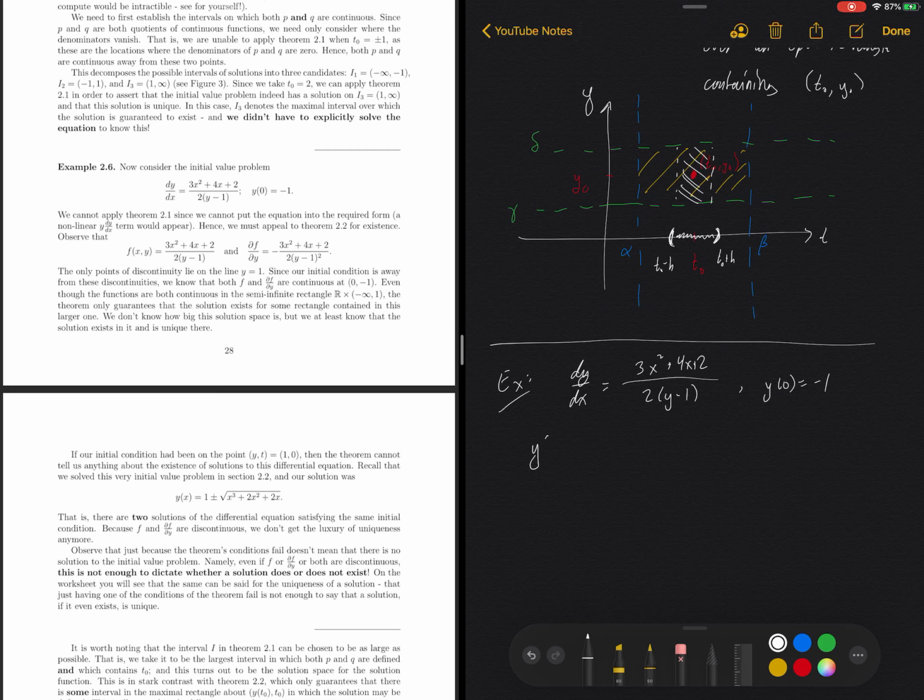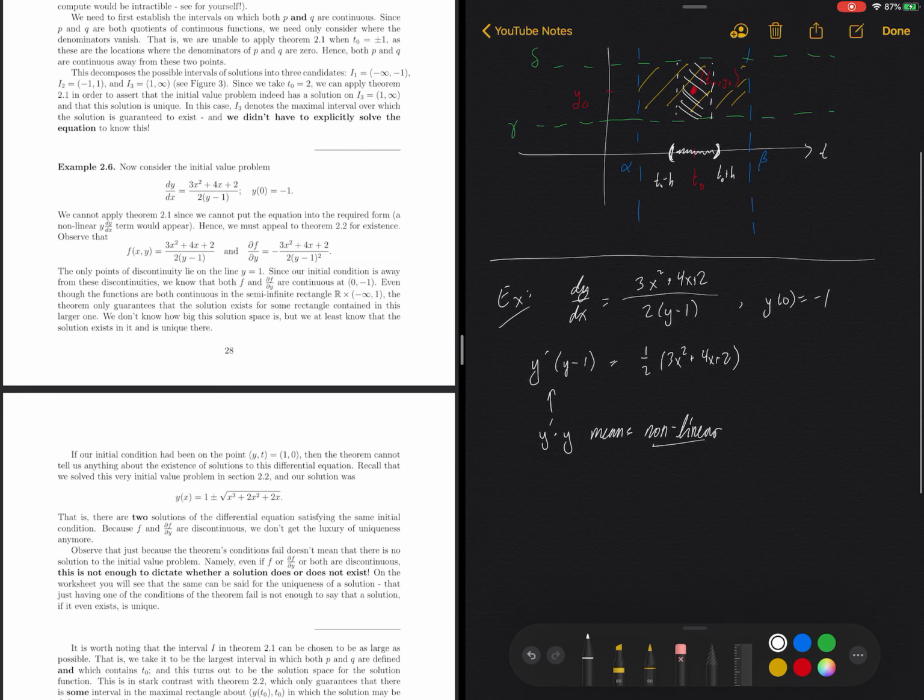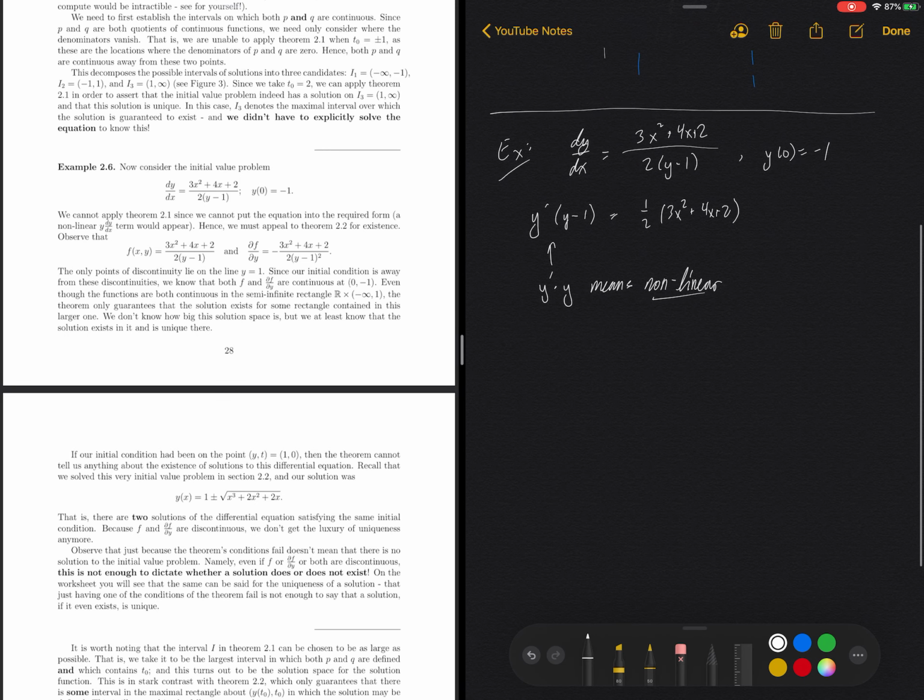And what we wind up saying here is that we would like to make this into a linear equation, but as it stands, it is not linear, because if I were to expand this out a little bit, I'll wind up with y′ and a (y − 1), and I'll have 1/2 (3x² + 4x + 2). So the fact that I have a y′ times a y term means that this is a nonlinear differential equation. Okay, so that means I can't use theorem 2.1.